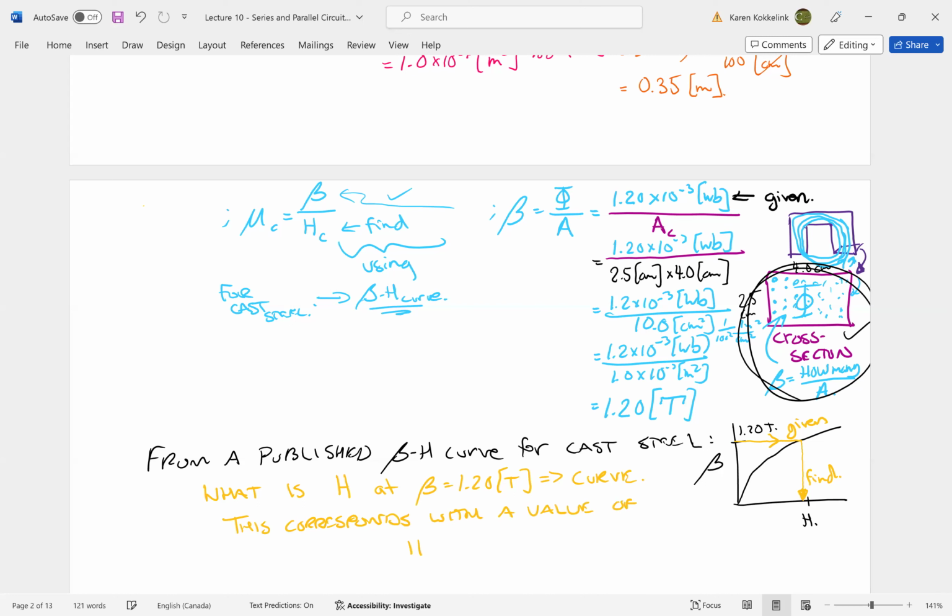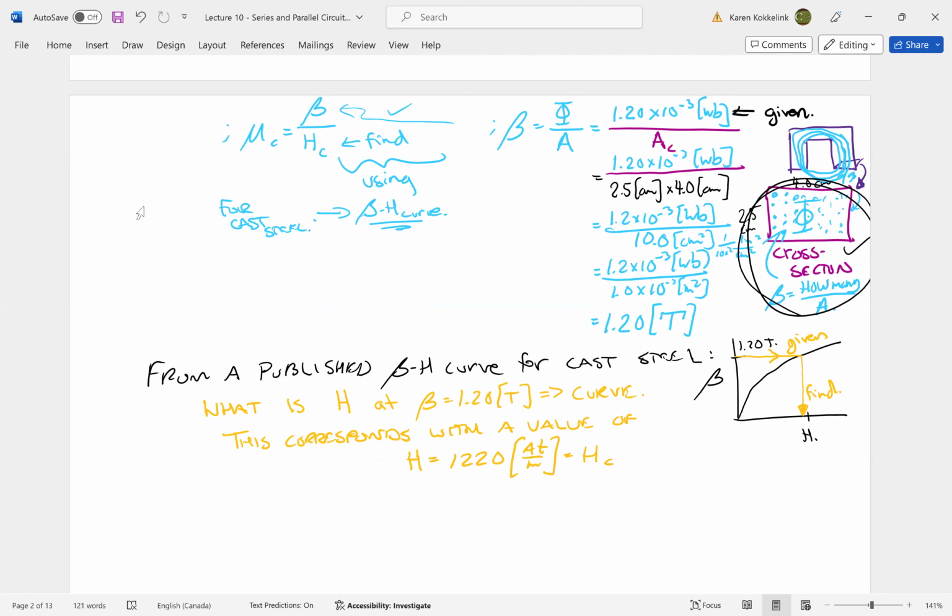It'll correspond with magnetic field strength equals 1220 amp turns per meter. Now that's hard to do. So it's going to be sort of approximate looking at a curve. But in this particular case, the curve that I found, this is what we have here.